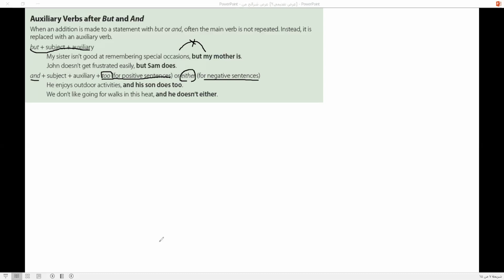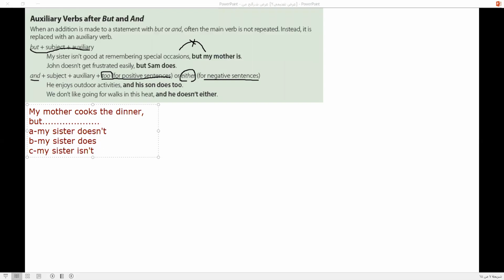Okay, I'm going to give you a question and see yourself if you remember this grammar or not. For example, A, B, and C. What do you think?